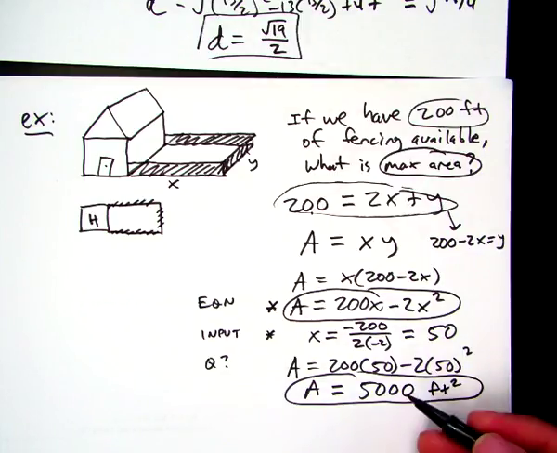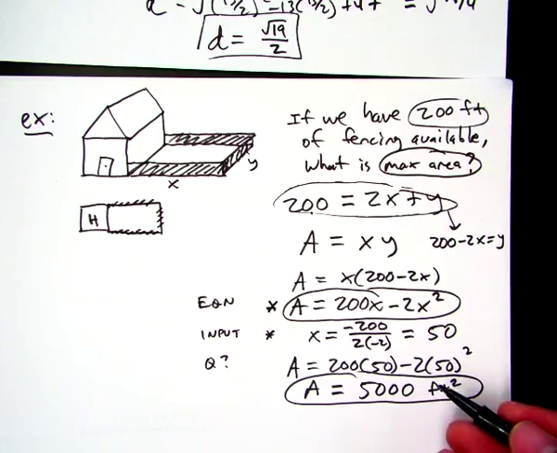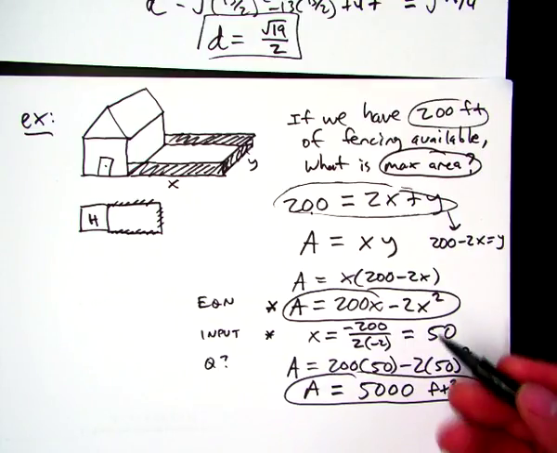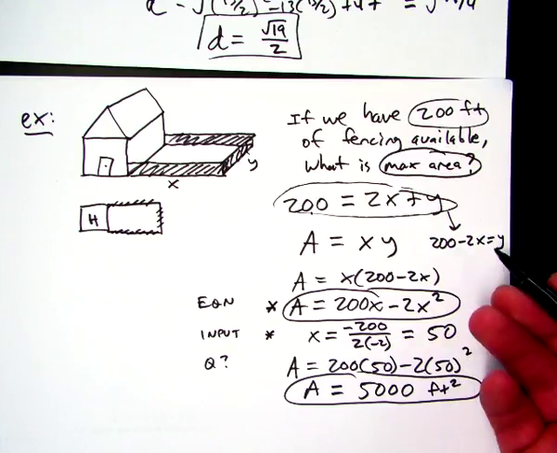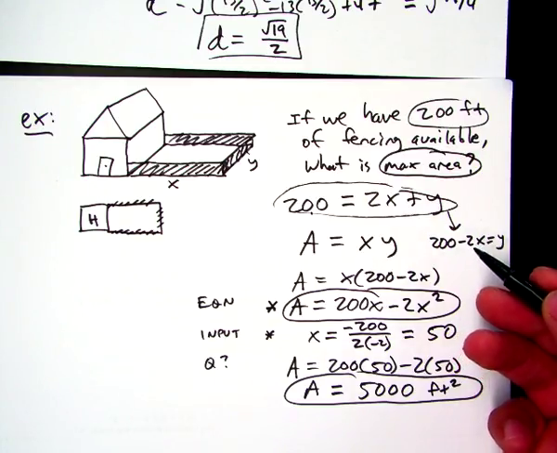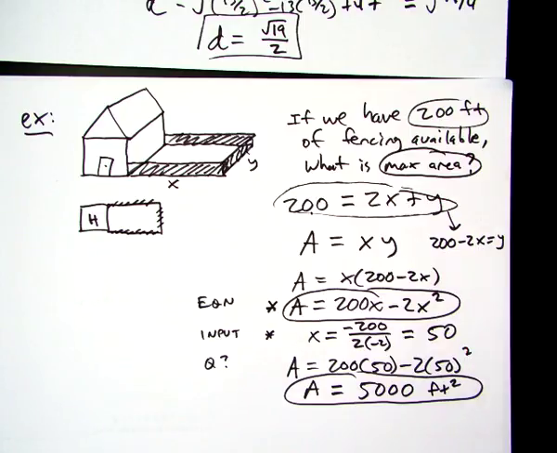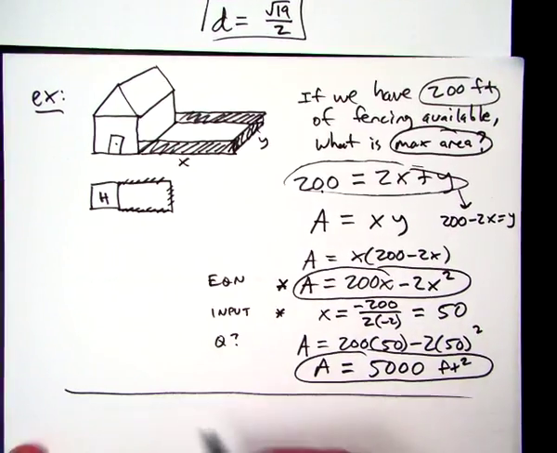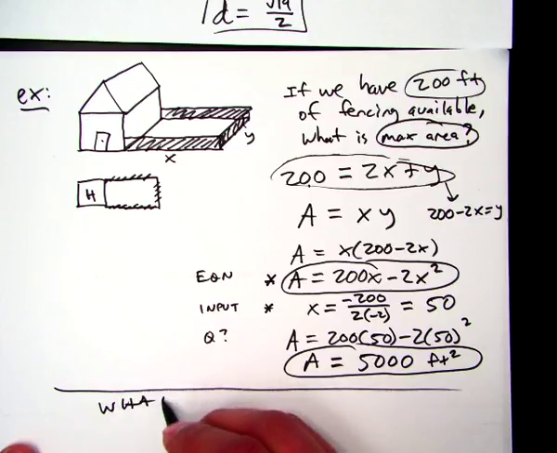The other question then would be, what are the dimensions that produce the maximum area? Does that make sense? In which case, if I asked you for the dimensions, you already got one of them, right? One of the dimensions is 50. The other dimension is y. And here's a formula that you could just plug it in and get your other dimension. What if I said, what are the dimensions?